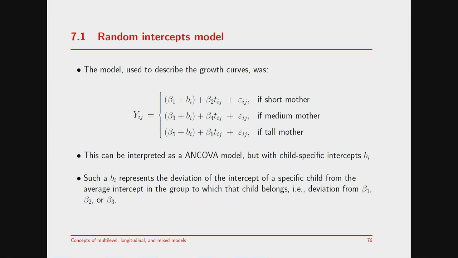So basically what we're now saying is that this model assumes a straight line for each child. Before, the model was just an analysis of covariance model where we added a random child effect. Now we say, well, wait a minute, we can interpret this model as a linear regression model for the ith child.